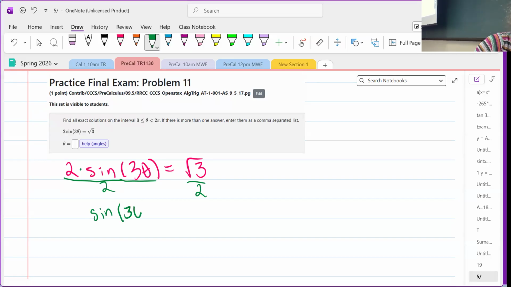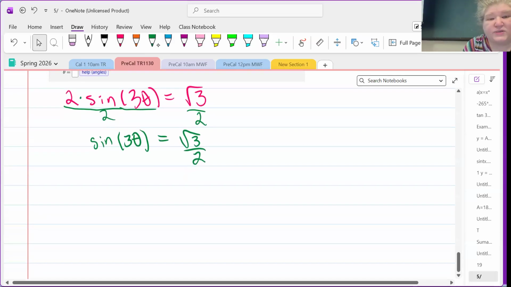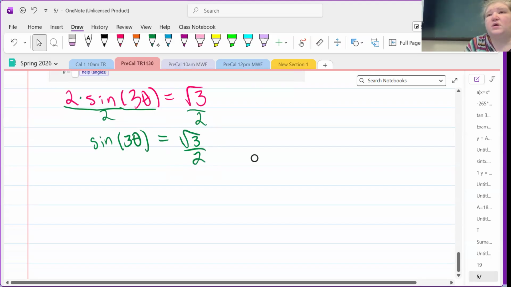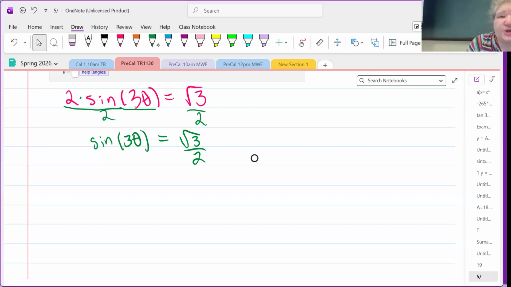So I have the sine of 3 theta equals the square root of 3 over 2. Now, sine is equal to square root of 3 over 2 at two particular places on the unit circle.